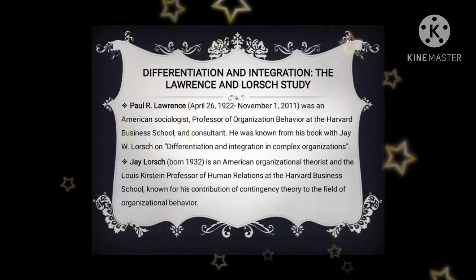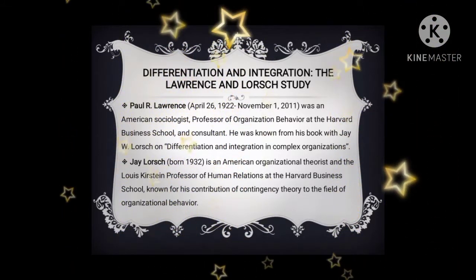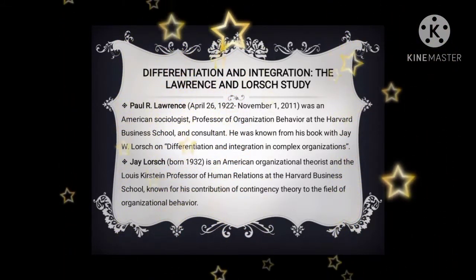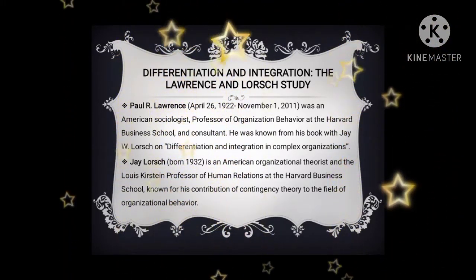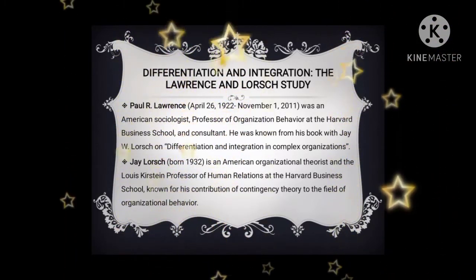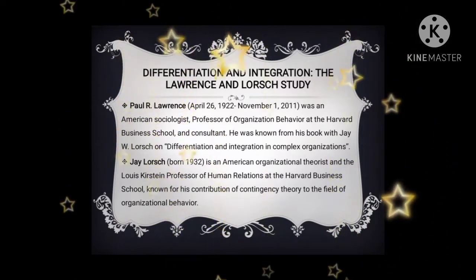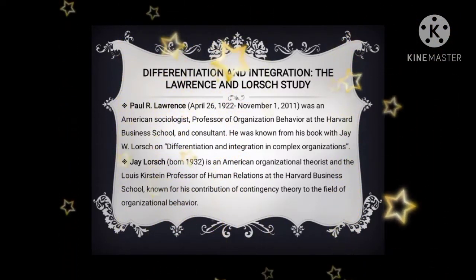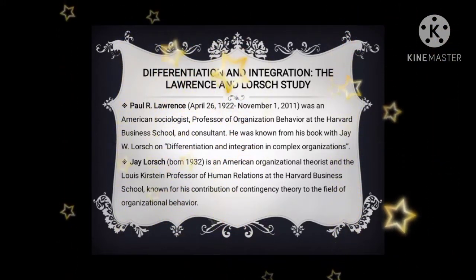Differentiation and integration, the Lawrence and Lorsch study. Who is Lawrence? Paul R. Lawrence was born on April 26, 1922 and died on November 1, 2011. He was an American sociologist, professor of organizational behavior at the Harvard Business School, and consultant. He was known for his book with J.W. Lorsch on differentiation and integration in complex organizations.